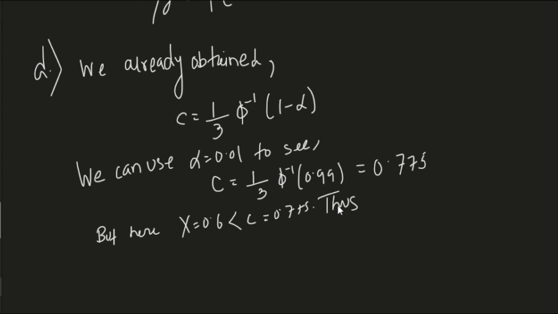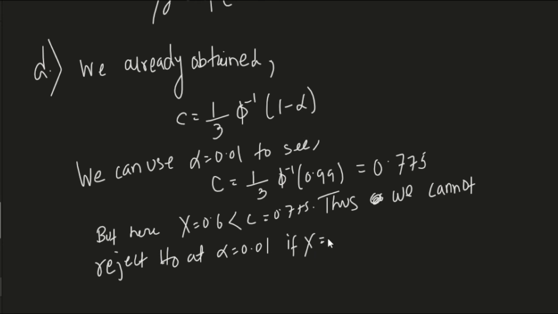Thus, we cannot reject H naught at alpha equals 0.01 if X equals 0.6. So there is not enough evidence to reject that.